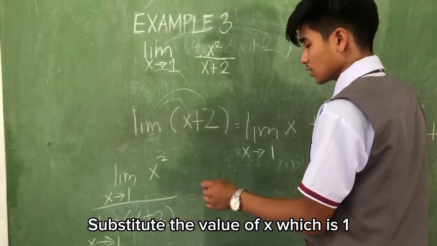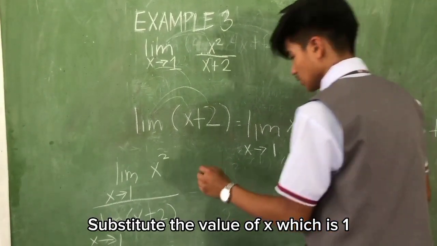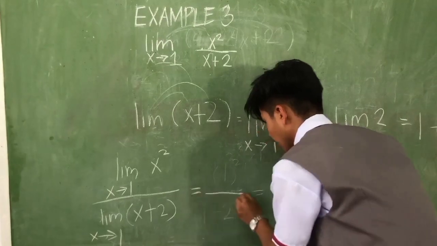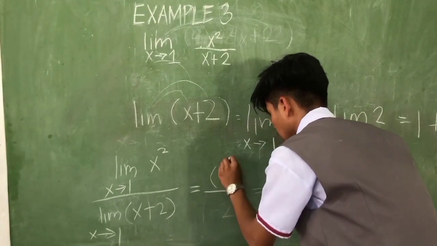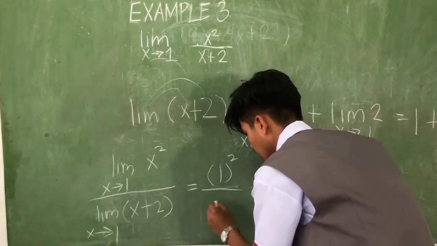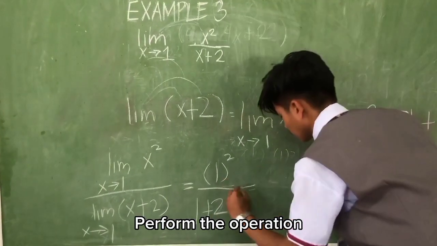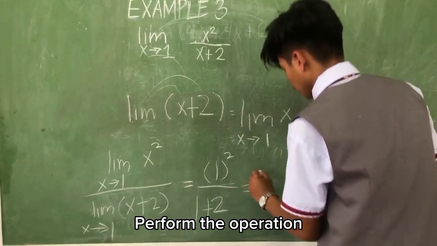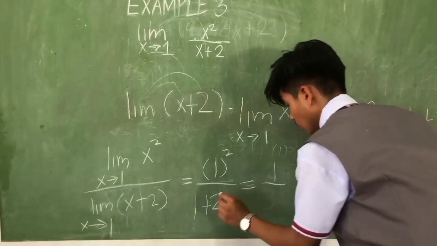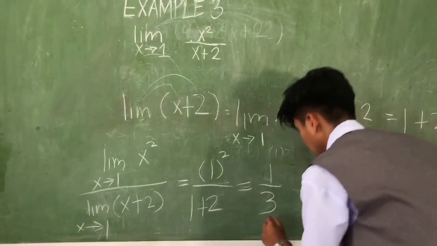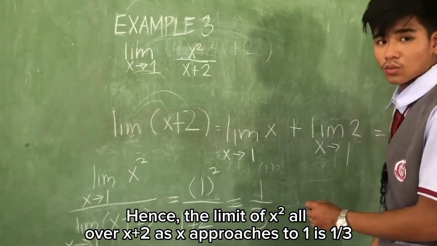Tapos, isa-substitute natin yung value ng x, which is 1 squared over 1 plus 2. 1 squared is equal to 1, 1 plus 2 equals 3. Ang sagot natin ay 1 over 3.